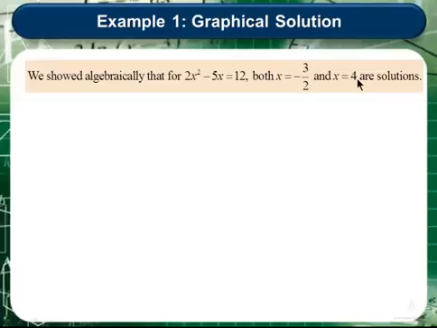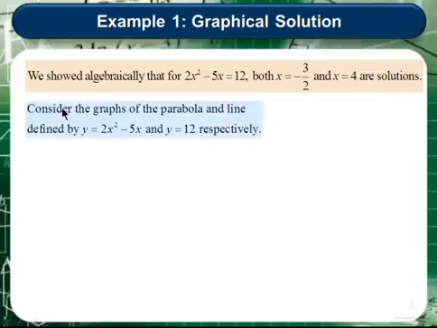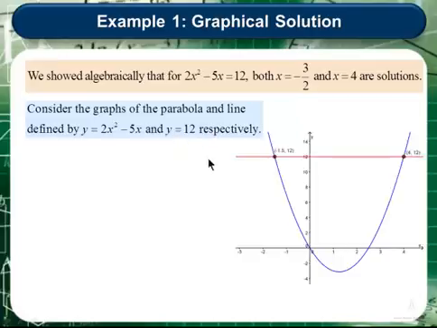We have two solutions in this case. Now let's consider the graphs of the parabola and the line defined respectively by the left hand side of this equation, the expression 2x squared minus 5x, and the right hand side, y is equal to 12. In such a case, clearly, we have a parabola as indicated in blue.